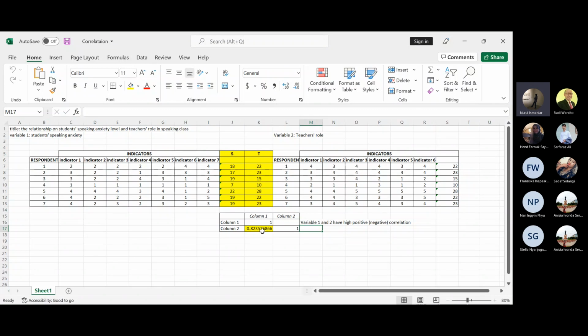Then I found that variable 1 and variable 2 have a high correlation, because the data analysis shows that the value for the two variables is 0.82. That's all from me, sir. Okay, thank you very much, Nurul Ismaniar. Good job.